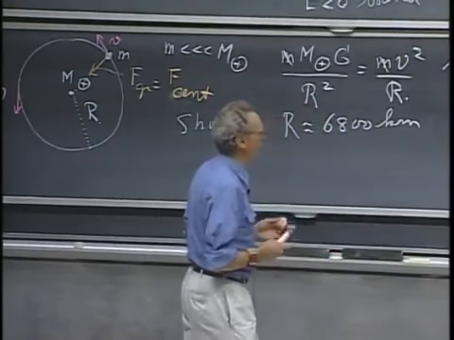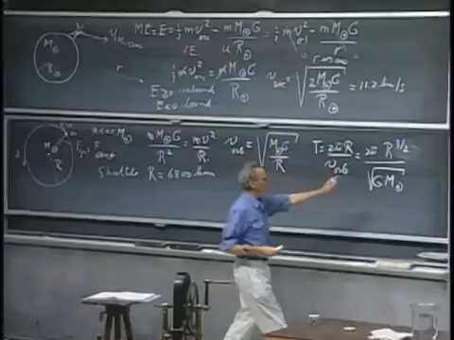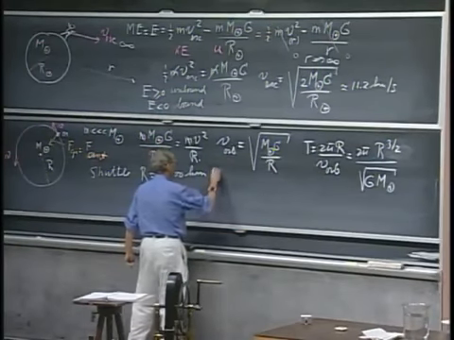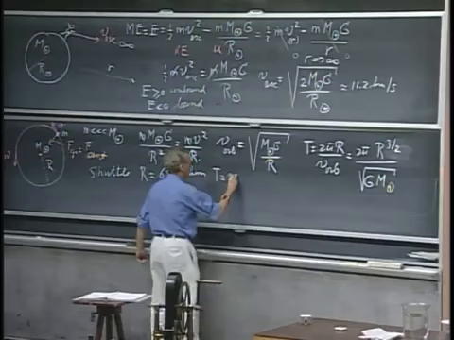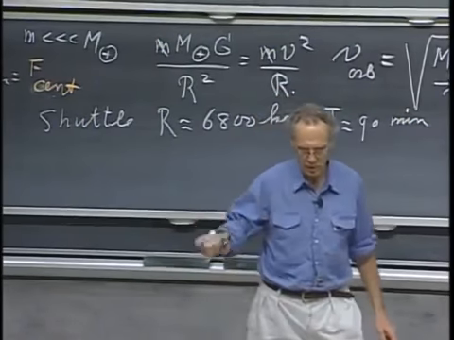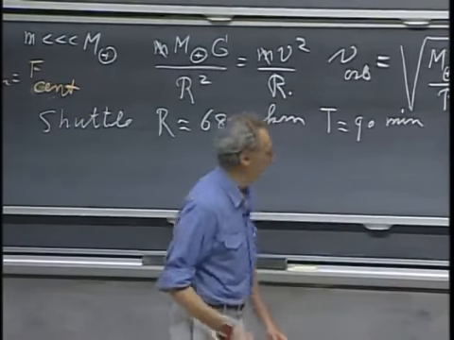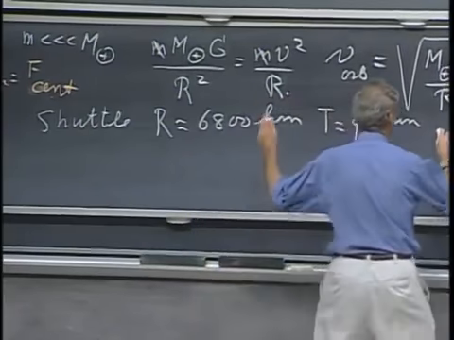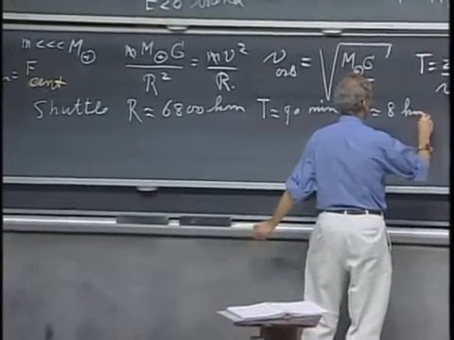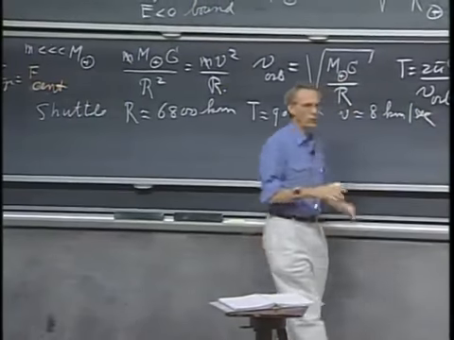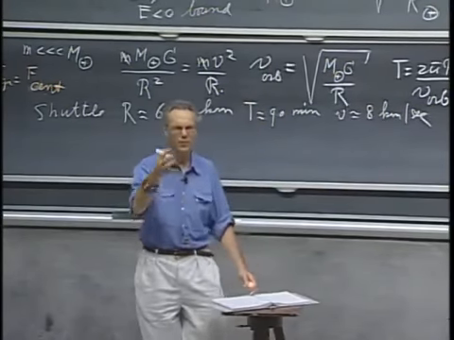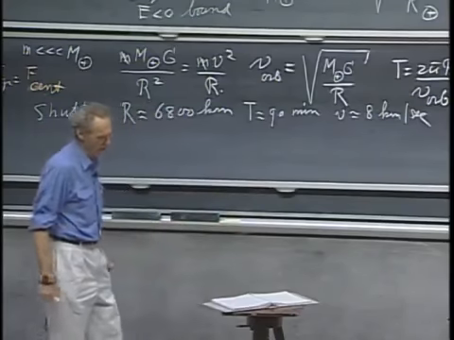You substitute that in here, the mass of the Earth and the gravitational constant, and you'll find that T is about 90 minutes. It's about 1.5 hours. The shuttle takes about 1.5 hours to go around, and the tangential speed is very close to 8 kilometers per second. And that holds for all near-Earth orbit satellites, whether they are 400 or 500 or 600 kilometers; that doesn't change very much.